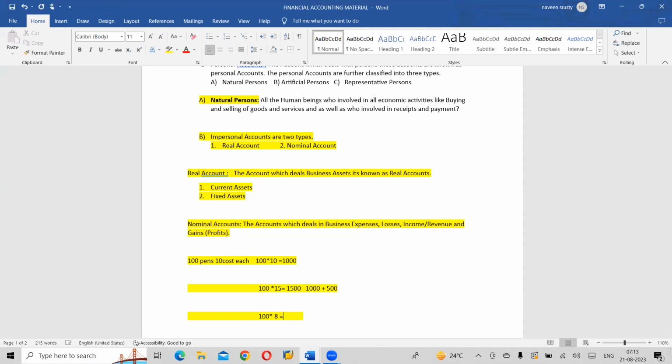So here, what is the total amount I have received? 800. What is this 800? 800 is also my revenue. But this revenue doesn't include your profit. It is inclusive of 800 cost and 200 loss.